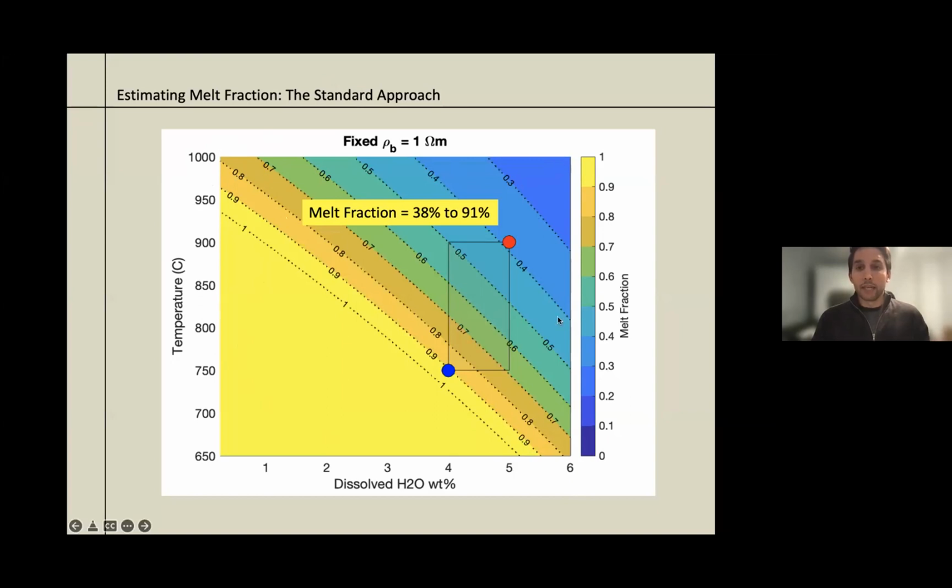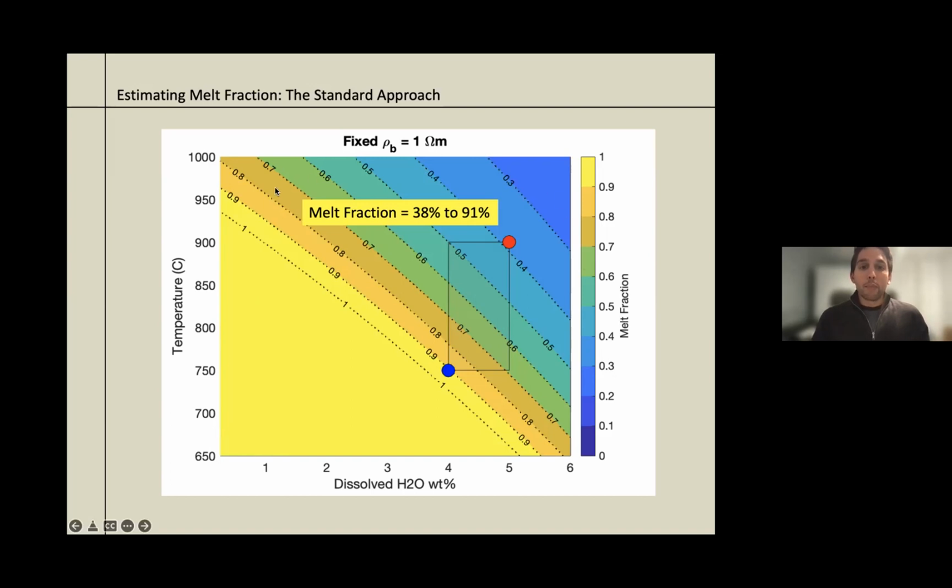It won't be 25% melt here. It won't be a mush. And similarly, at 650 degrees and 1 weight percent water, I also know intuitively that a rhyolite will probably be very, very close to the solidus, if not subsolidus, under those conditions. Whereas this parameter space shows it as being 100% melt, which is clearly not a physically realistic interpretation.